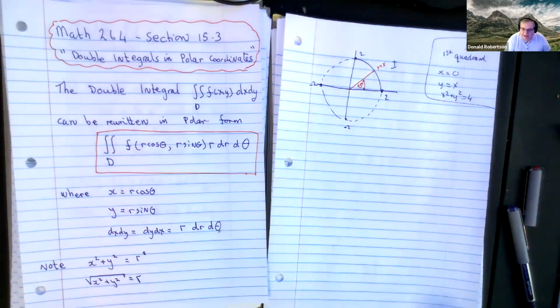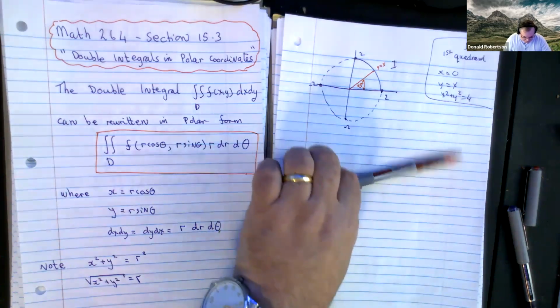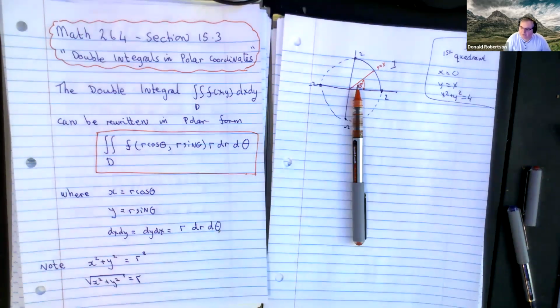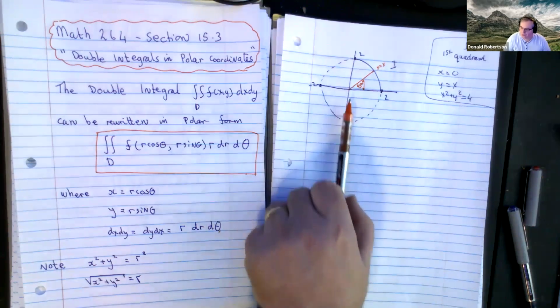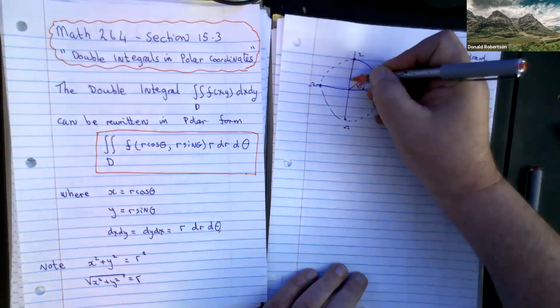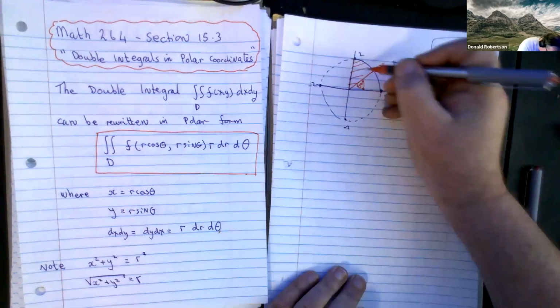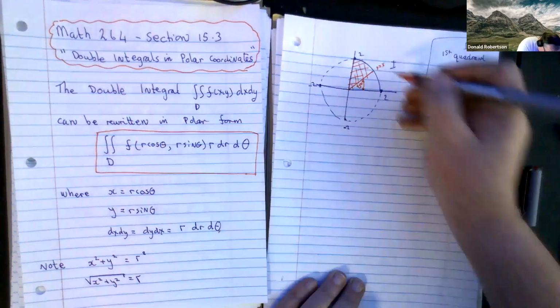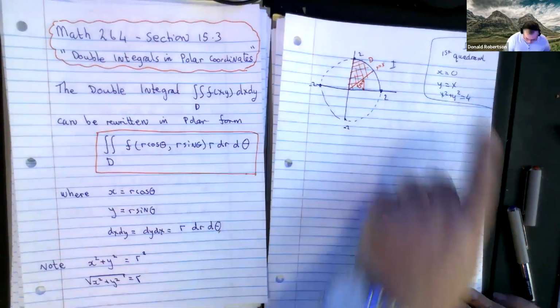If I put in the line x equals 0, is the line x equals 0 that line or that line? X equals 0, vertical. So what we now have is a piece of cheese. That's the region D, and it was described by using all of these pieces here.